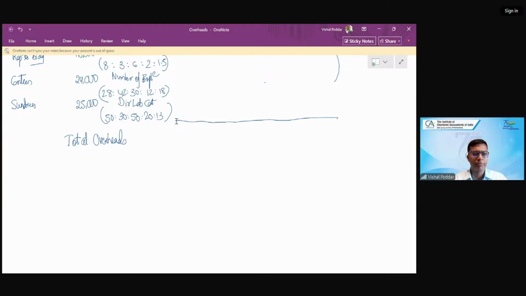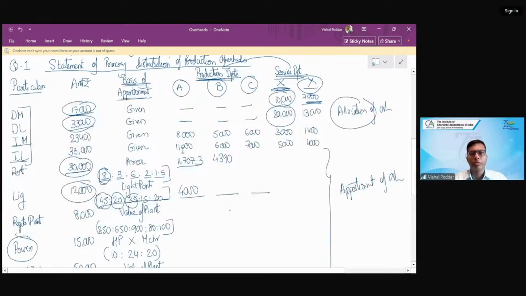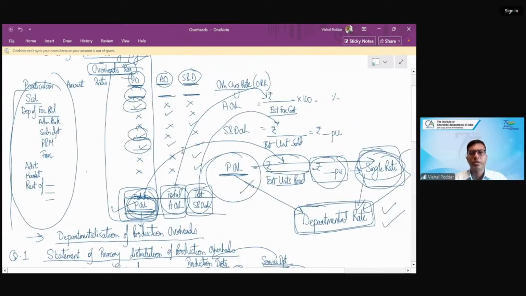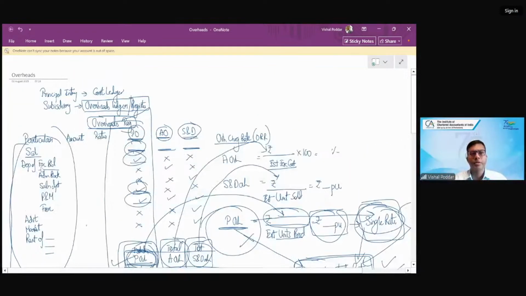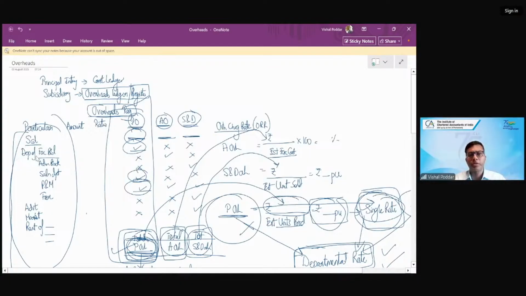Should I proceed then to the next important step in overheads, which is the secondary distribution? Now, as you would have seen when we discussed this, the first step is you estimate your overhead expense and bifurcate it into production, administration and selling.